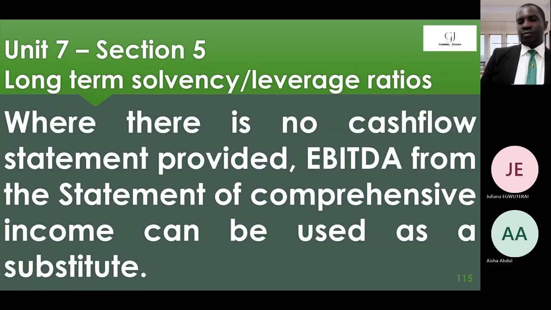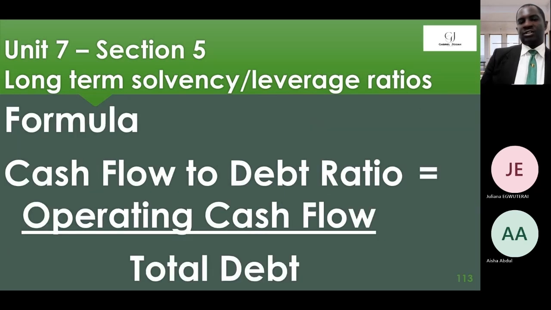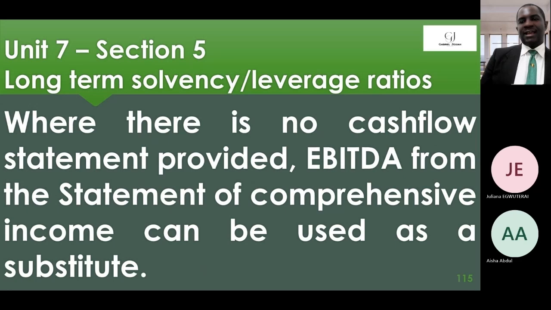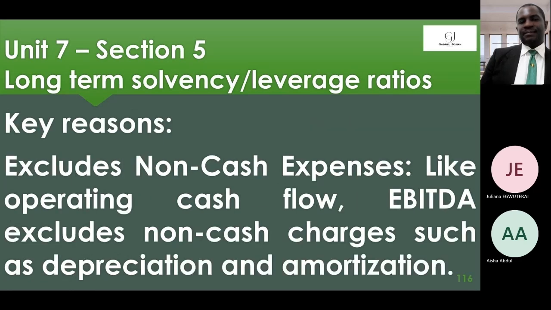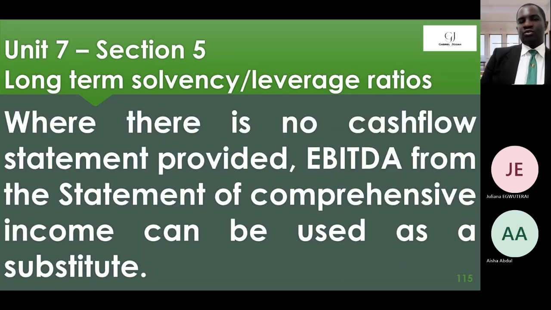When a cash flow statement is not provided to you, maybe under exam conditions, and you are asked to calculate this ratio, you use EBITDA. EBITDA is not a perfect proxy. So where there is no cash flow statement provided, EBITDA from the statement of comprehensive income can be used as a substitute, though not a perfect picture, but it's a substitute that depicts cash flow from operations.